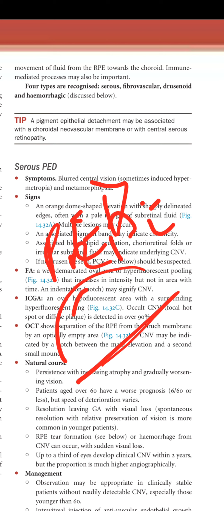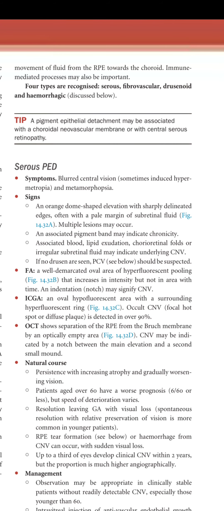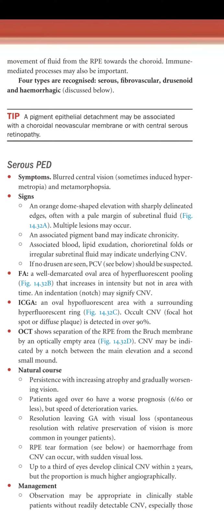It can be due to fibrovascular proliferation between the RPE and Bruch membrane. It can be due to the presence of drusen which can cause the detachment, and it can be due to some kind of hemorrhage. So a pigment epithelial detachment may be associated with the choroidal neovascular membrane or with central serous retinopathy.